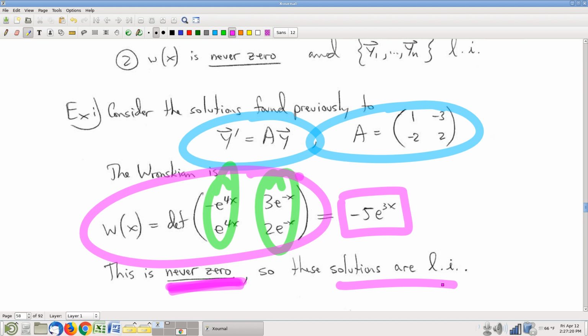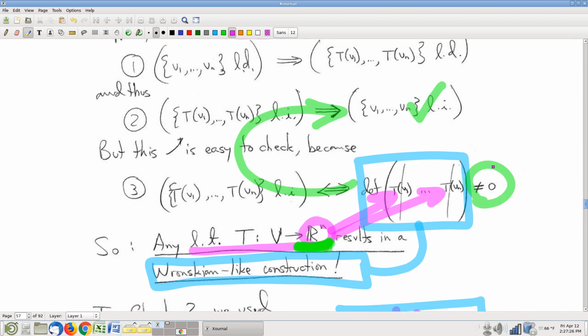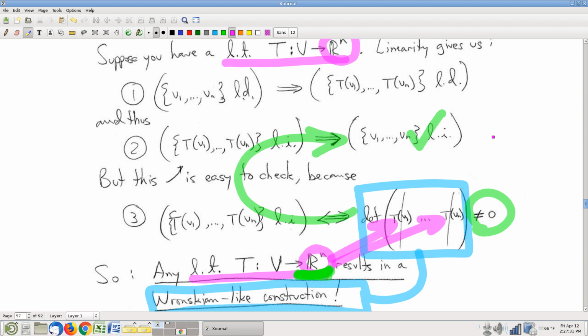Okay, last thing I want to do real quick. This is the last topic I want to hit here, but this argument, I emphasize, applies for any linear transformation, any vector-valued linear transformation. I have some old exam questions that capitalize on this. Let me explain what those old exam questions did. You'll find them when you're looking through my old exams.